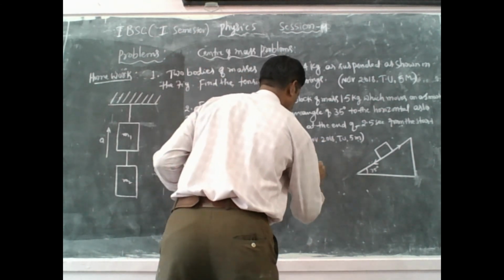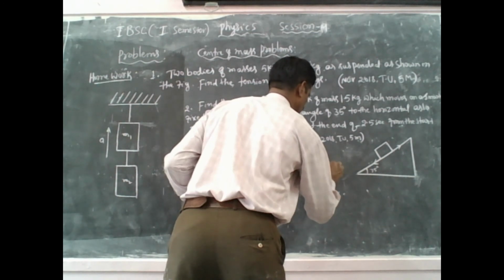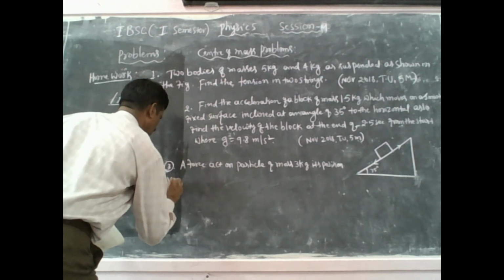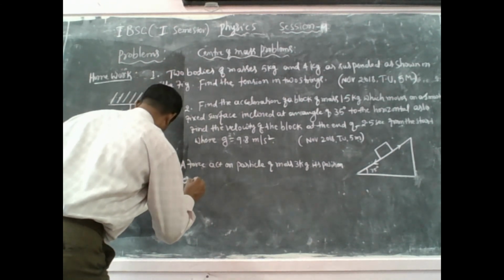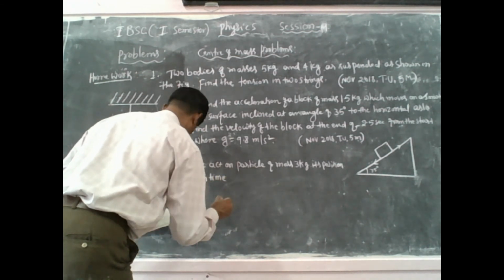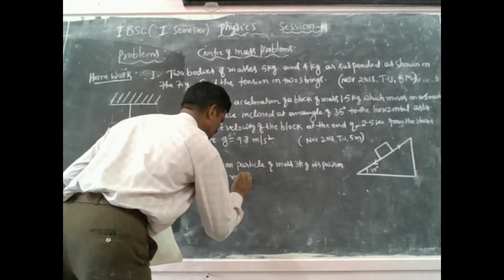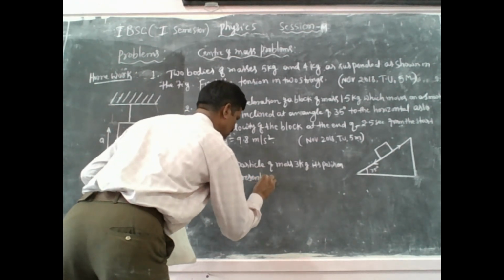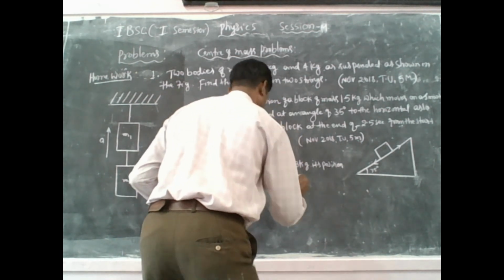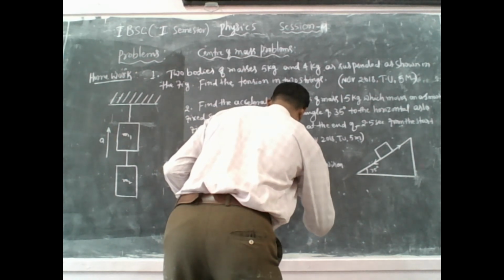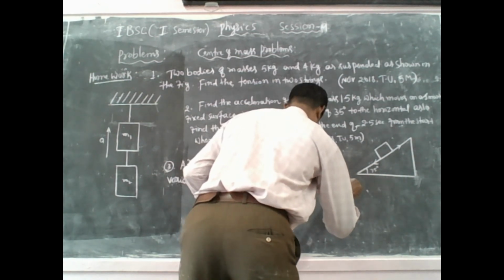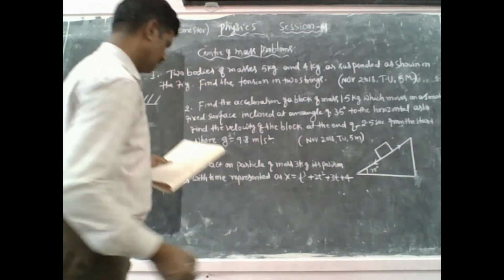Its position varies with the time, represented as x equals t cube plus 2t square plus 3t plus 4, isn't it?